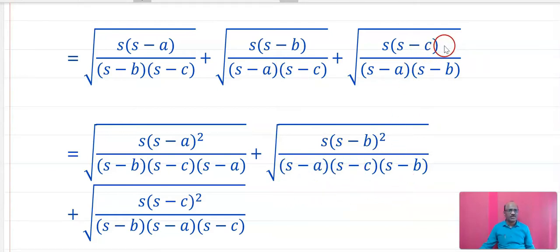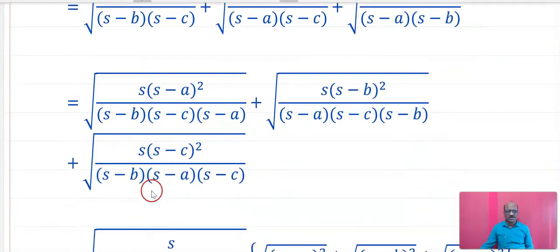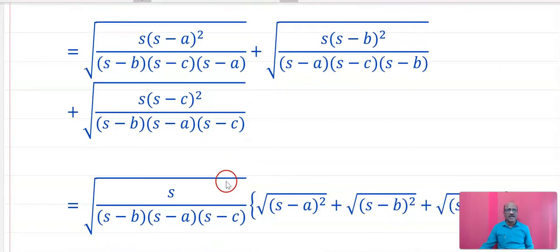And for the third, multiply numerator and denominator by s minus c. Therefore, you will get the root of s(s minus c) bracket square upon (s minus b)(s minus a)(s minus c). Next, take the common factor, s upon the root of (s minus b)(s minus c)(s minus a), from all these three terms.